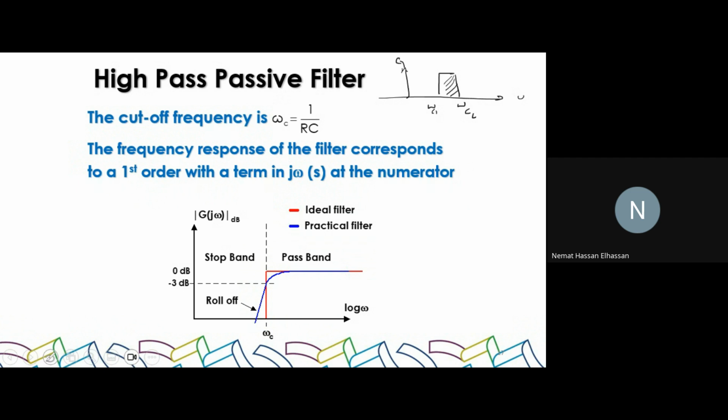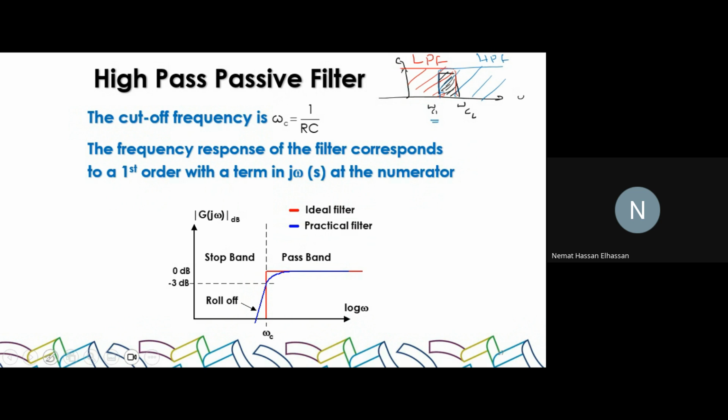So if I want to create this type of filter, we can reimagine that basically we have a low pass filter with a cutoff frequency omega C2, which means that this is my pass band for this low pass filter. And then I have a high pass filter with a cutoff frequency omega C1. And they overlap between C1 and C2.